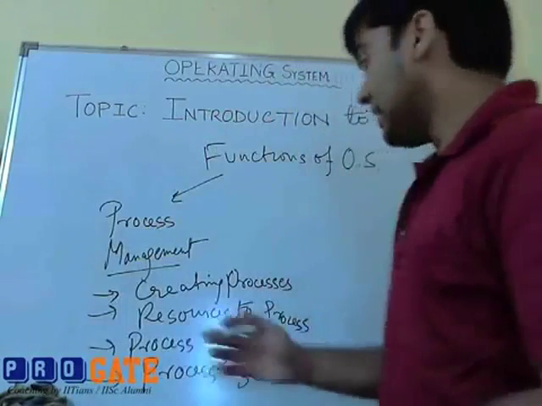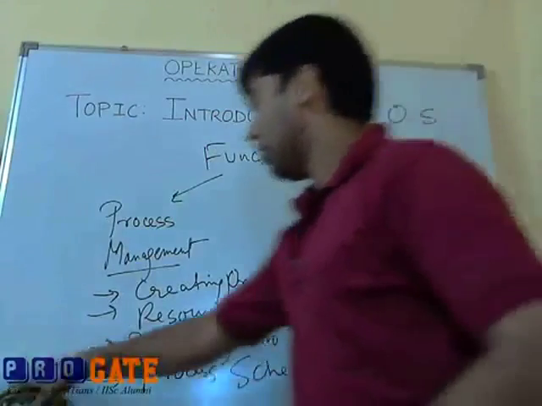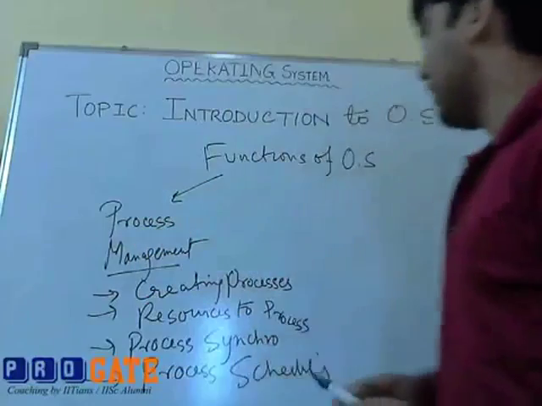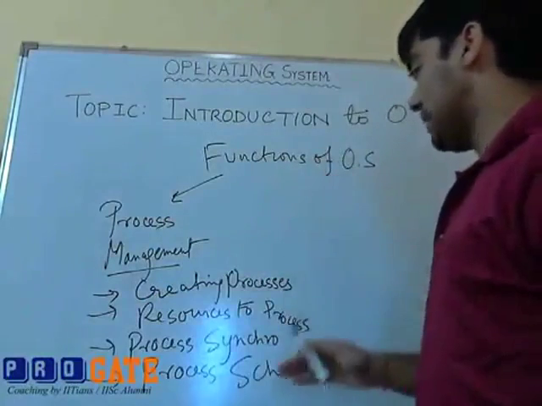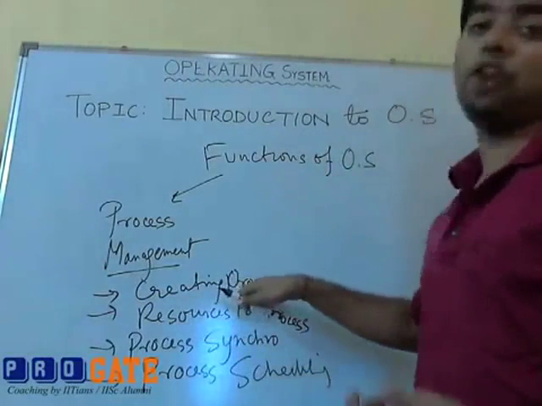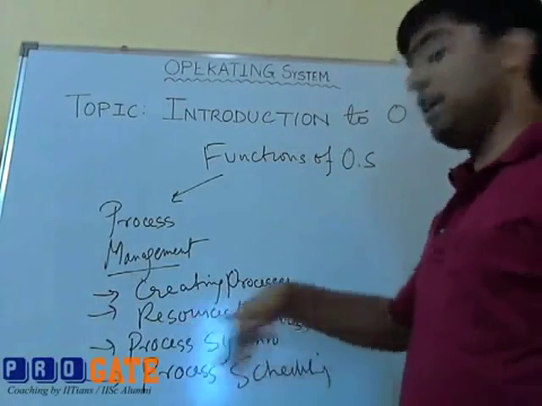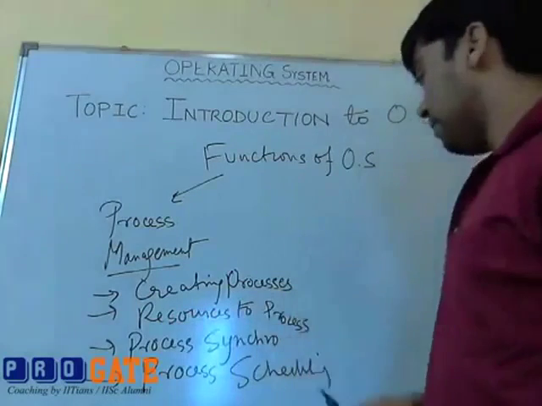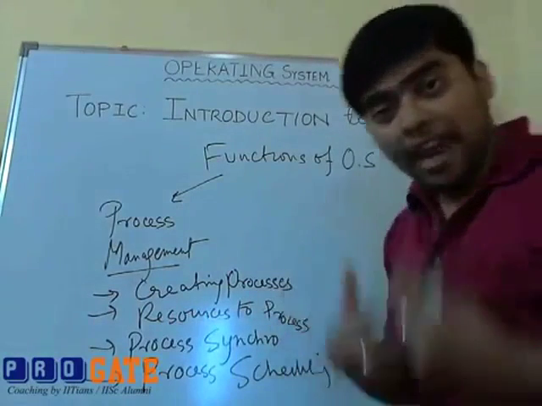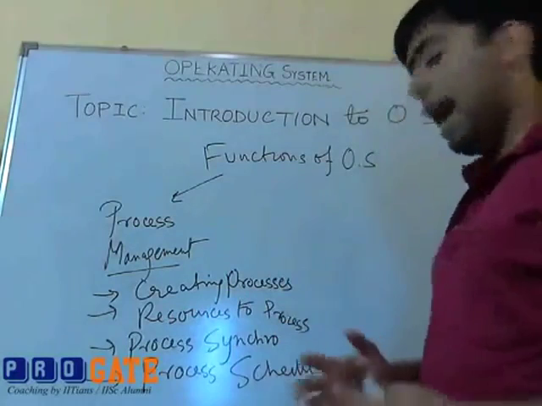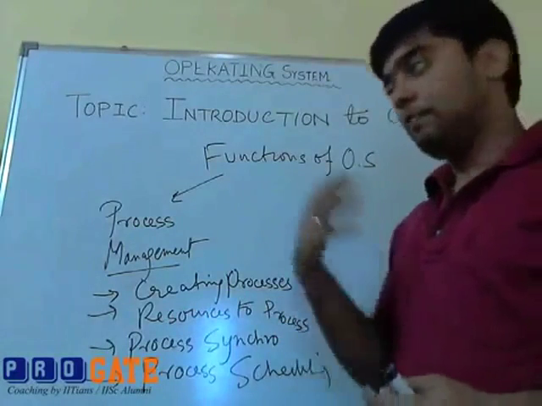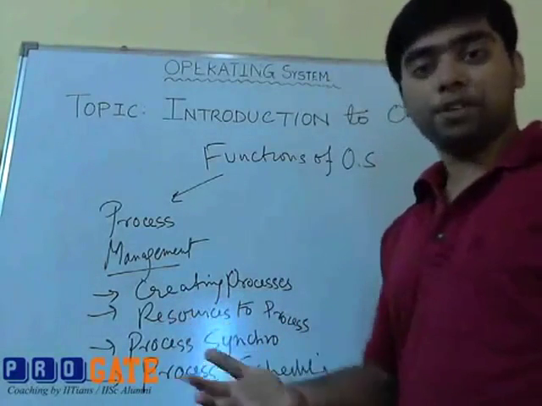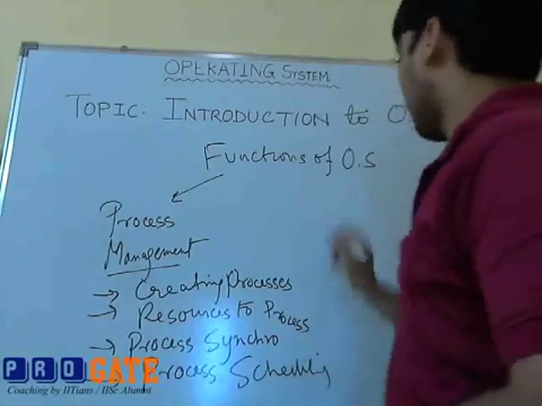As you can see, these are the operations under process management that an operating system does. It's about creating processes and also destroying them, allocating resources to the different processes, synchronizing the different processes, and scheduling the different processes, like which process should run first, which process should run second, and so on.